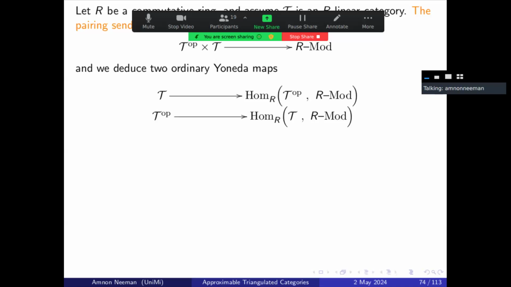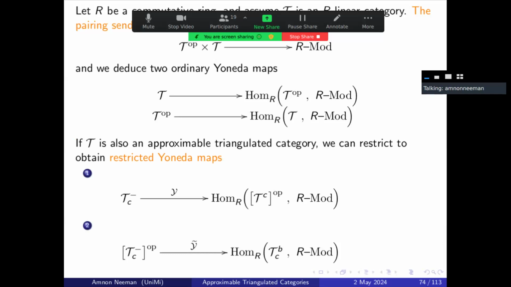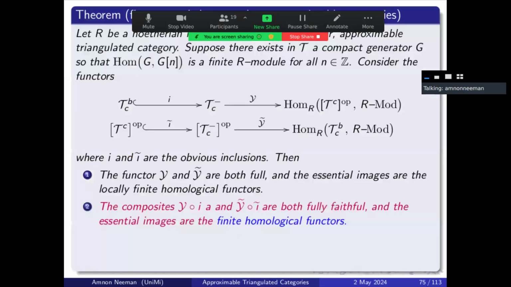And if T is an approximable triangulated category, then it comes with a whole lot of intrinsically defined subcategories. And you can pair any two of them you wish. So I have given a name to two of the pairings. And now what I really want you to notice is the generality of the theorem on the next page.